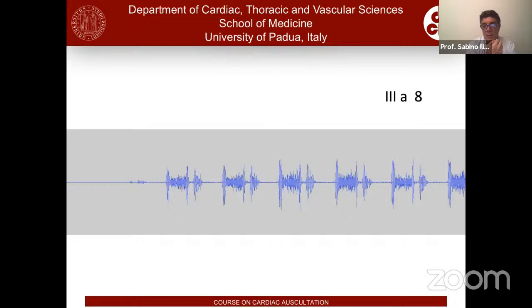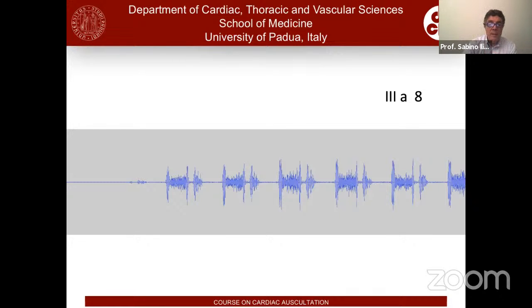So in other words, there is no mitral stenosis, but the amount of blood that crosses the mitral annulus because of the important regurgitant murmur exceeds the normal quantity that should pass through the annulus. And as a result, this low frequency murmur is produced. That is like a mild mitral stenosis.